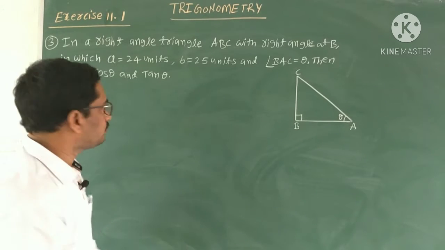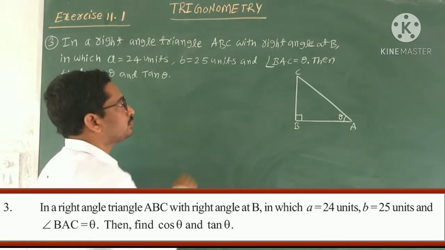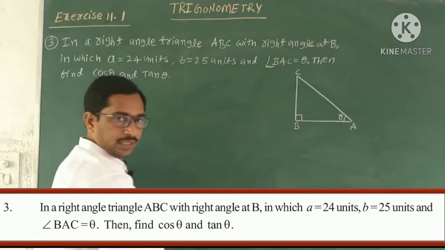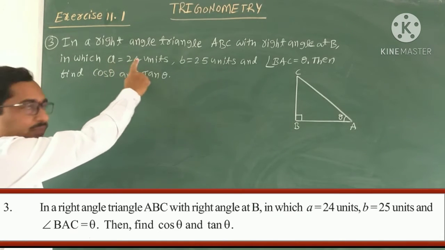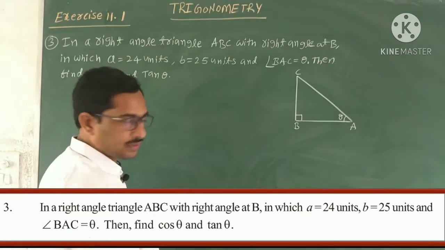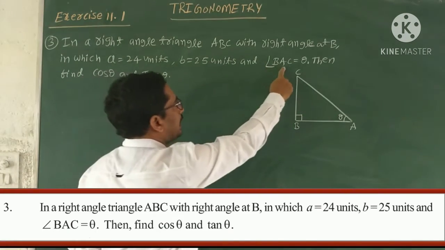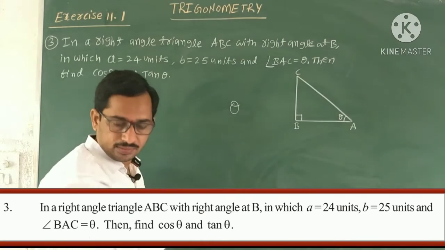See third problem. In a right angle triangle ABC with right angle at B, in which small a is given 24 units and small b is given 25 units, and angle BAC is theta. This angle read as theta.